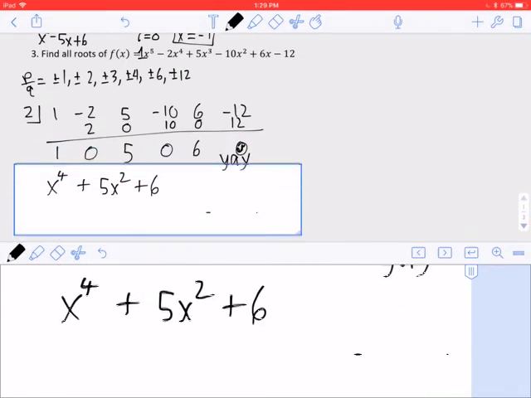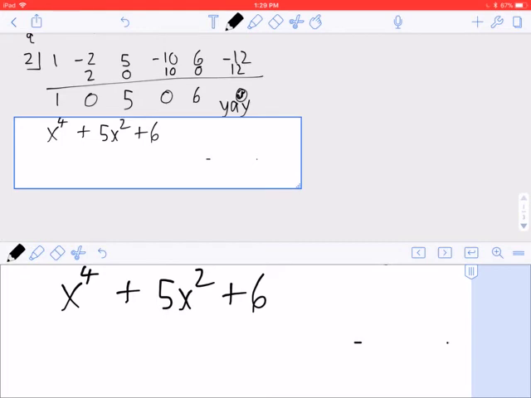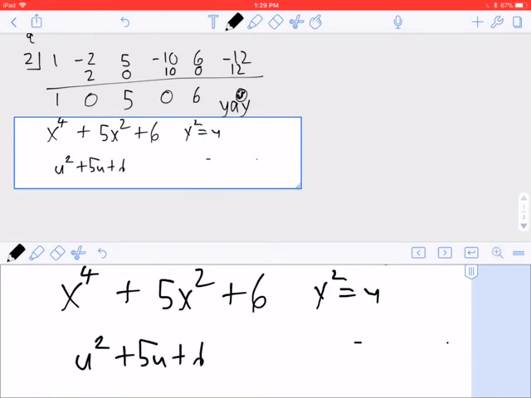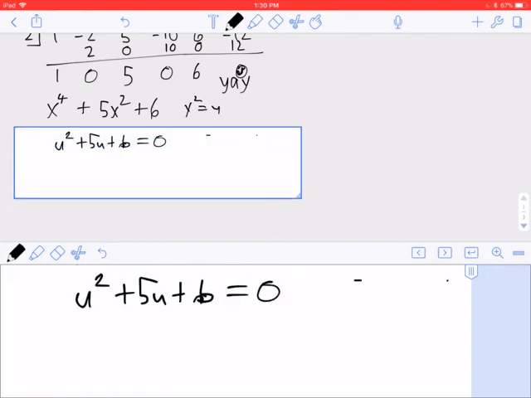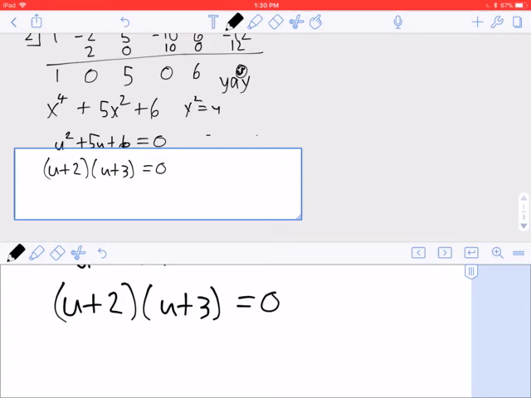Notice the degrees go 4, 2, 0, so this one will work with a quadratic form. So if we set x squared equal to u, then we have u squared plus 5u plus 6 equals 0, which we can factor into u plus 2 times u plus 3, and then we would get u equals -2, or u equals -3.